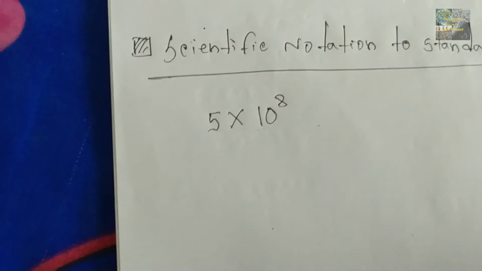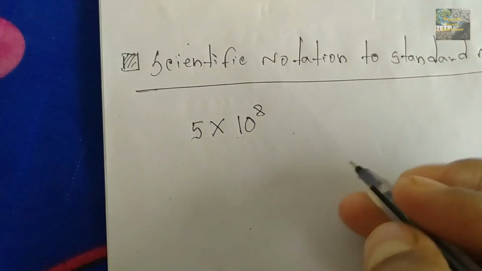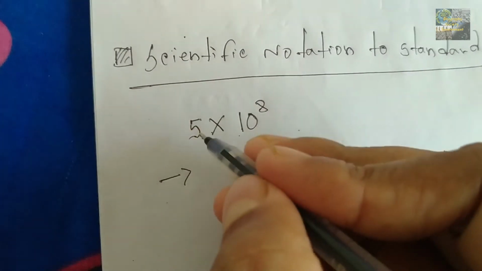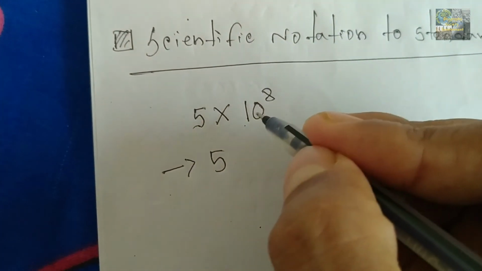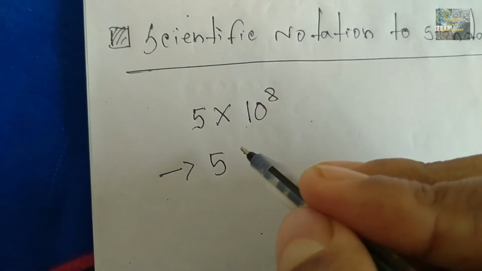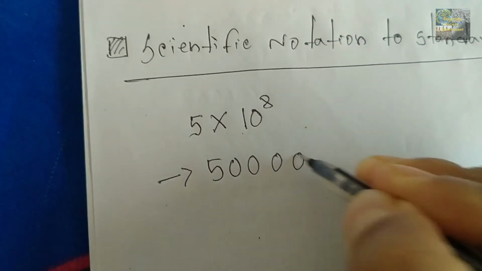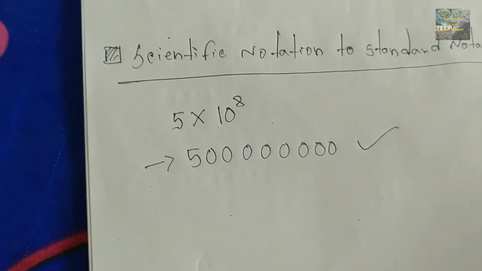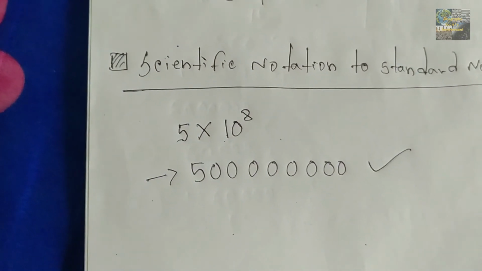I am going to convert this scientific notation into standard form. 5 is the mantissa, so I am writing 5, and 10 to the power 8 means after 5 I have to write 8 zeros: 1, 2, 3, 4, 5, 6, 7, 8. This is the standard form of the above mentioned scientific notation value.